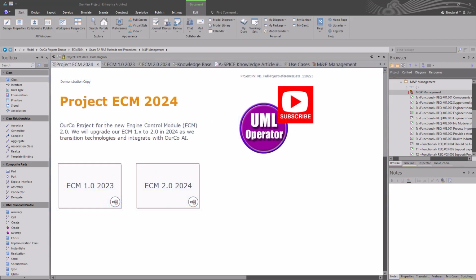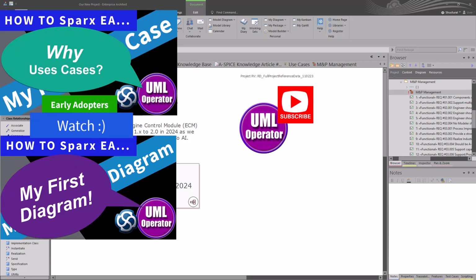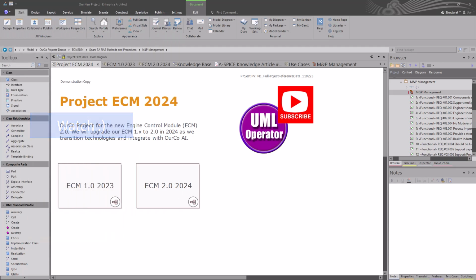Next, let's talk about tips for beginners and advanced users. Here's how you can approach UML compliance depending on your skill level. For beginners, start with simple diagrams like use cases or activity diagrams to map out basic workflows.